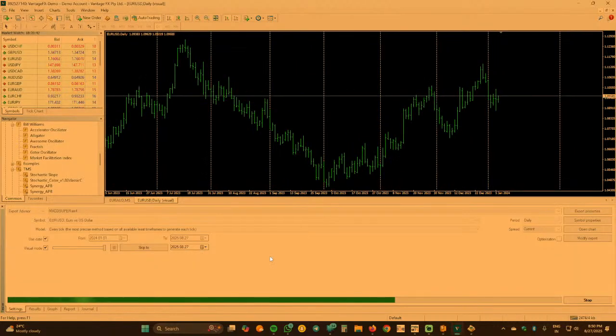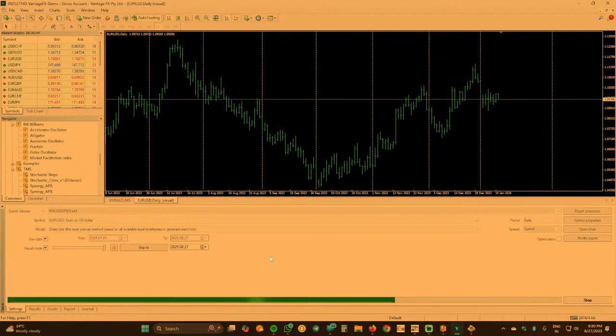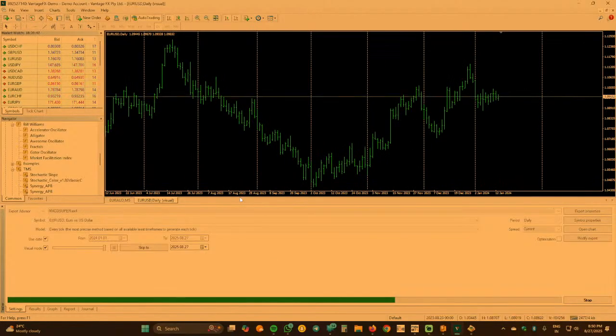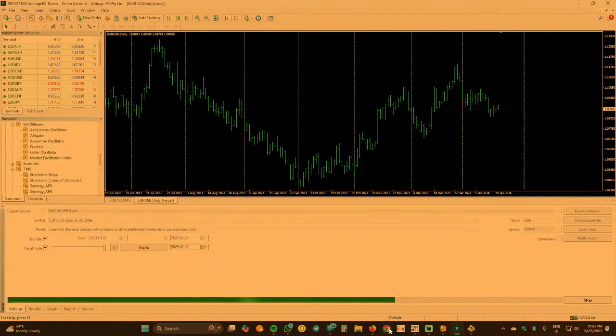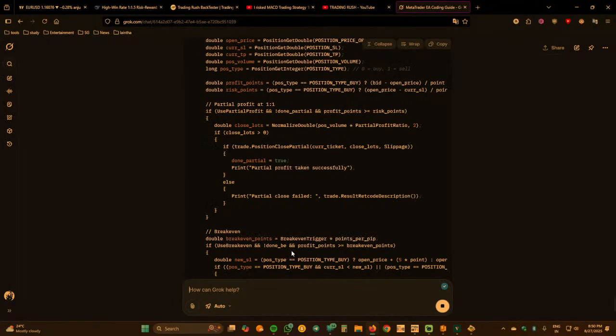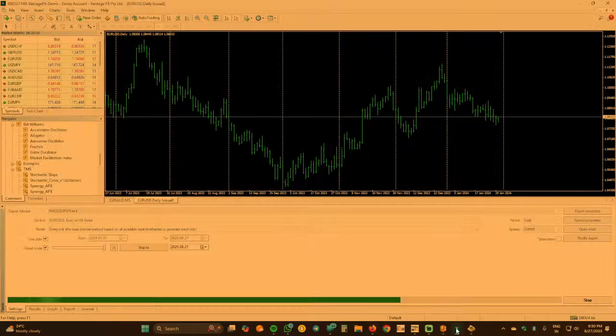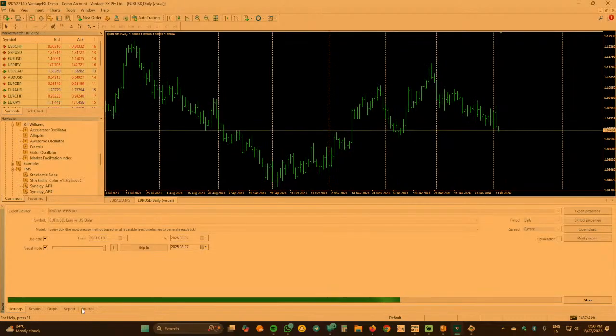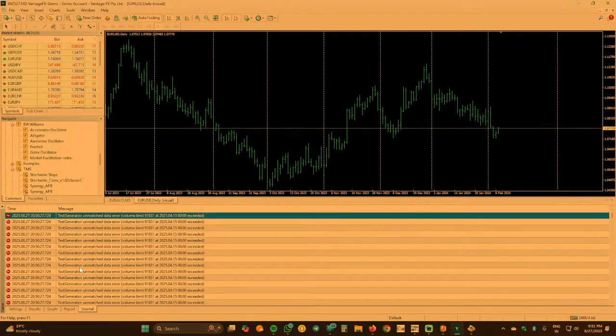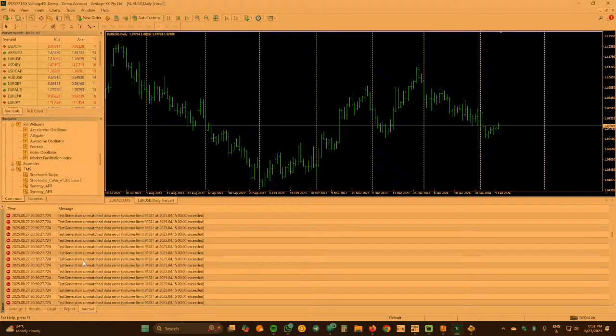This is one problem with MT4. It is very slow. It is super slow. The backtests are very, very, very slow. Let it be running in the background. I will check for, okay, we have an error with the EA.